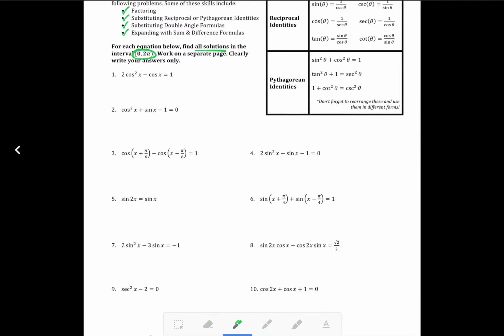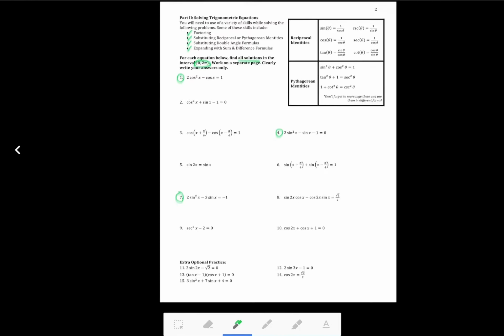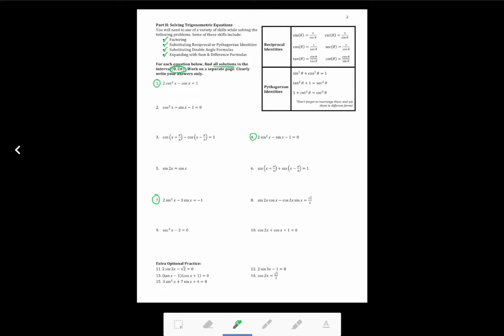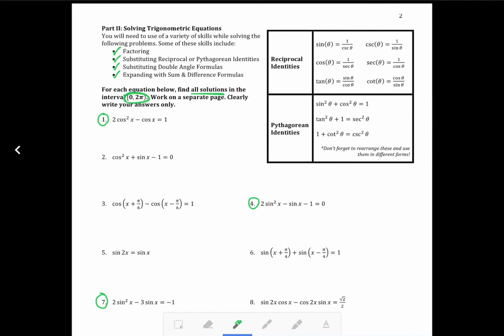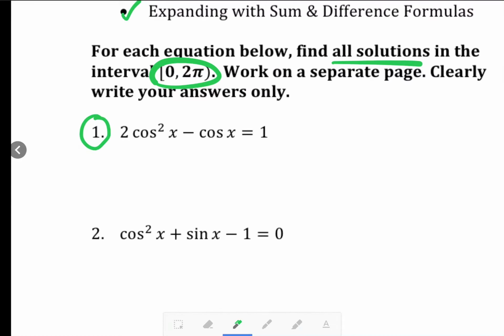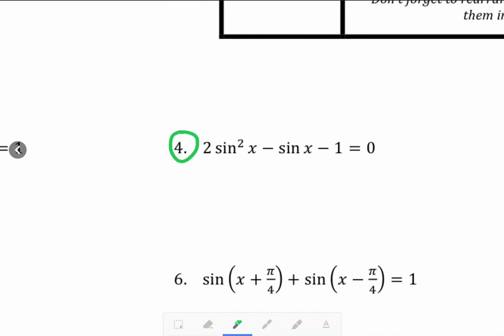I'm going to start by circling the ones that look really, really familiar to me. In all of these, I'm seeing a pattern. Let's see if there are any more. Nope, those are the ones I'm seeing a pattern in. If I replace the trig function with just x, 2x squared minus x minus 1 equals 0, that is factorable.